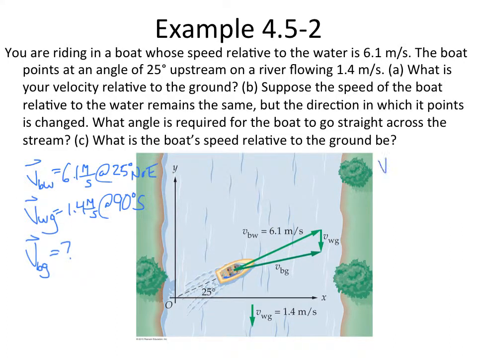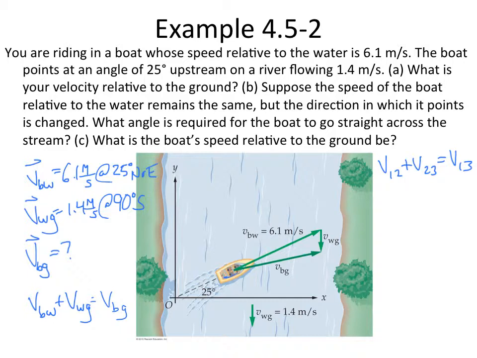Remember, velocity of 1 to 2 plus the velocity of 2 to 3 equals velocity of 1 to 3. Can we just add these up? Velocity of the boat to the water plus the velocity of the water to the ground. That looks pretty good, right? 1 to 2 and 2 to 3. They should be in the right order so that we can get the velocity of the boat to the ground.